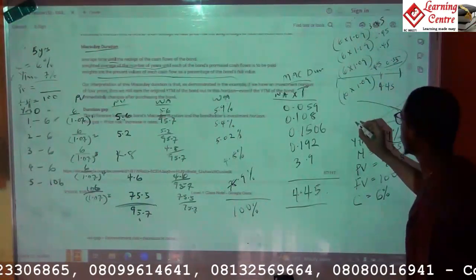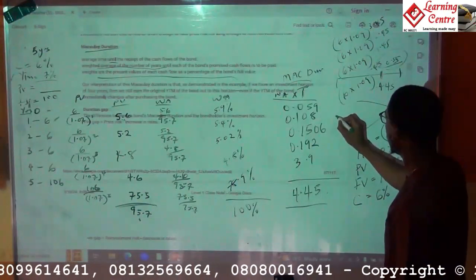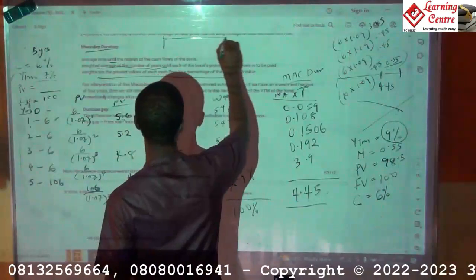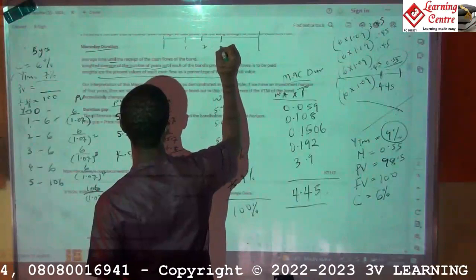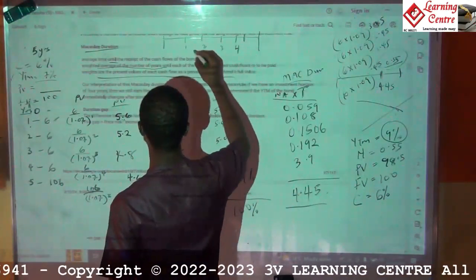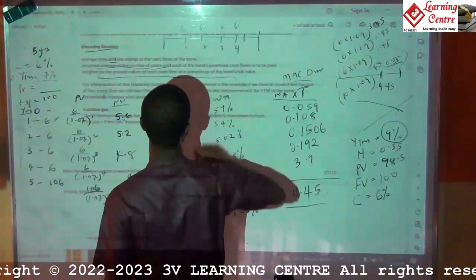At 4.45 I would agree that I'm going to sell the bond. So all my cash flows are 6, 6, 6, 6.